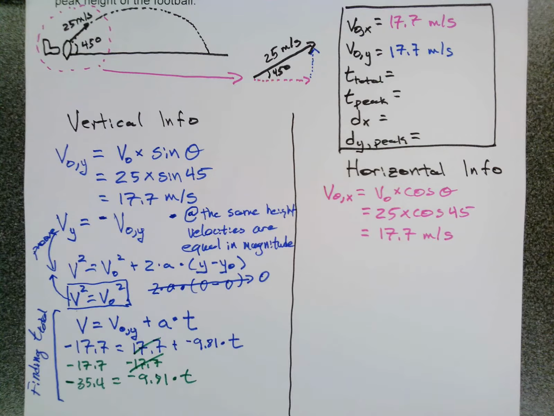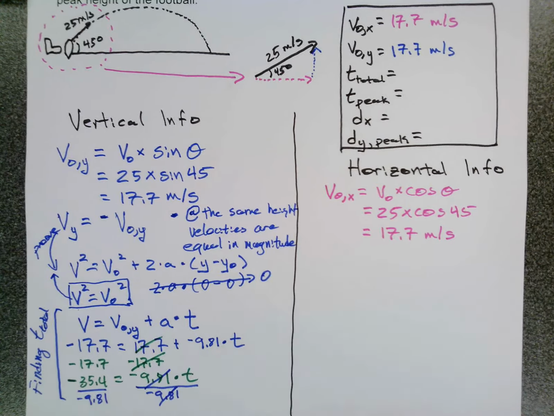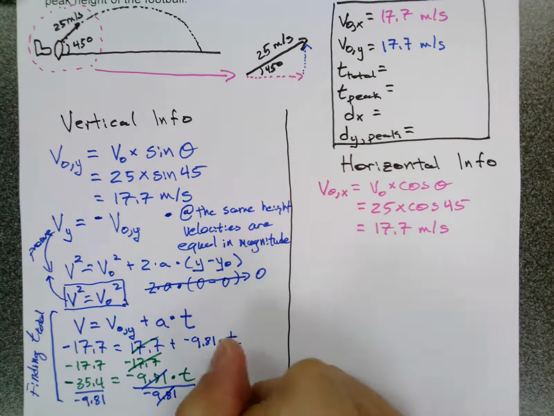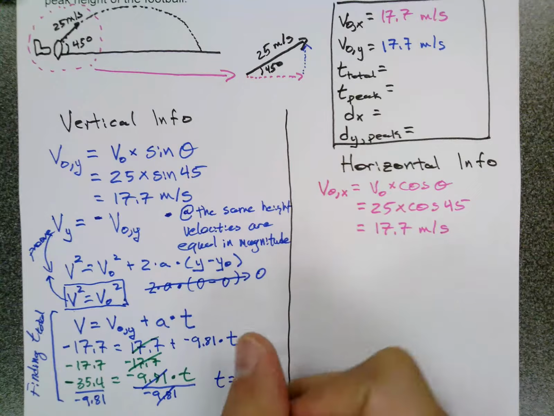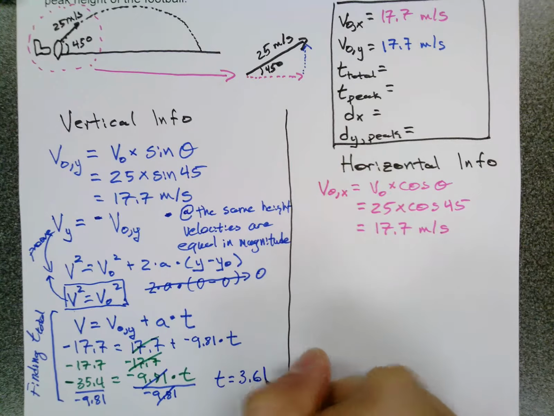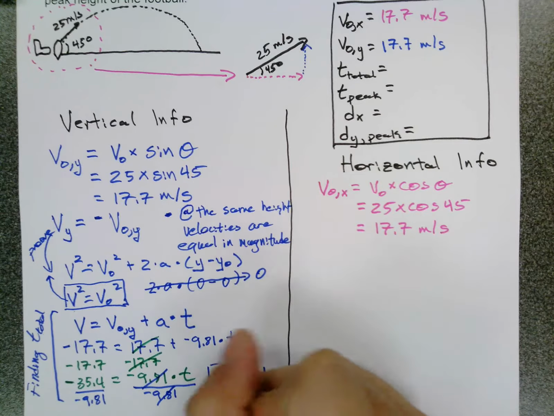In order to get t by itself, we'll divide both sides by negative 9.81. The negative 9.81's cancel out, and you will get a t that should equal 3.61 seconds.